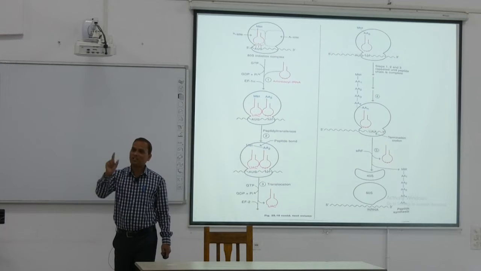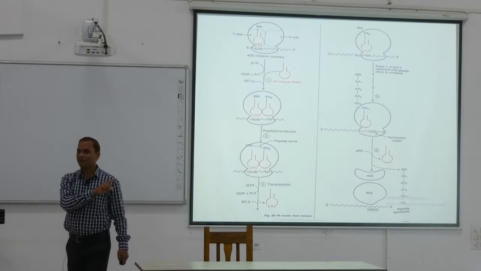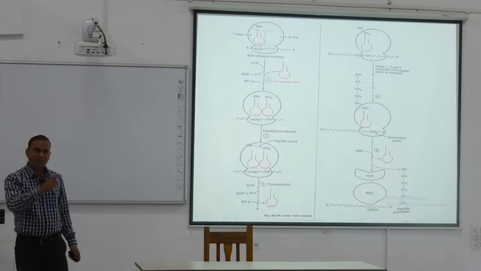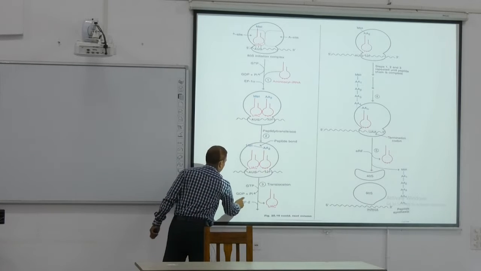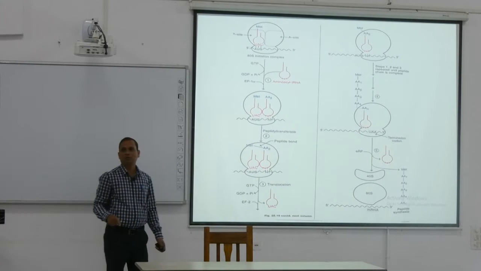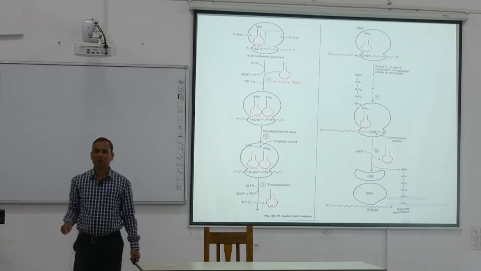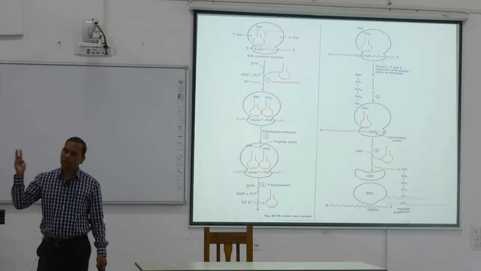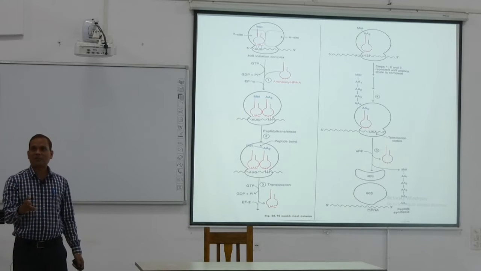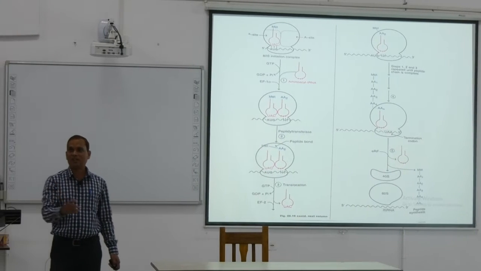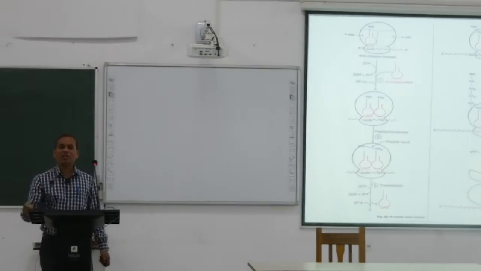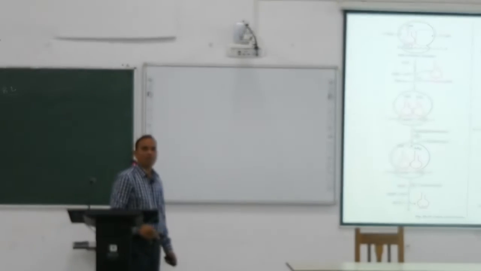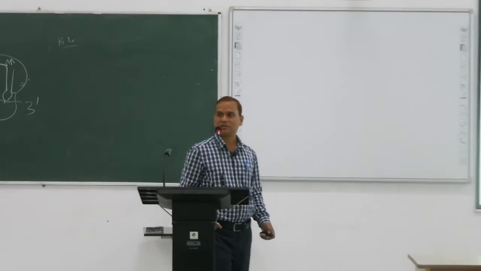That process will be blocked by the antibiotic in prokaryotes, but diphtheria toxin only inhibits factor 2. That means both inhibit the translocation process, but the only difference is: one is inhibiting the factor, another one is inhibiting the translocation process. Okay.